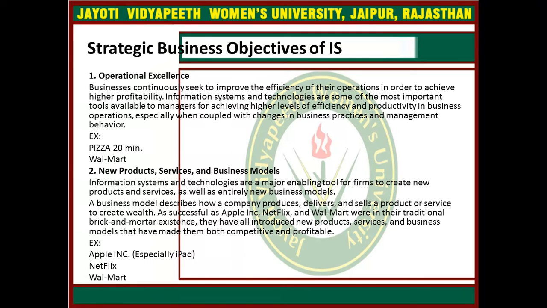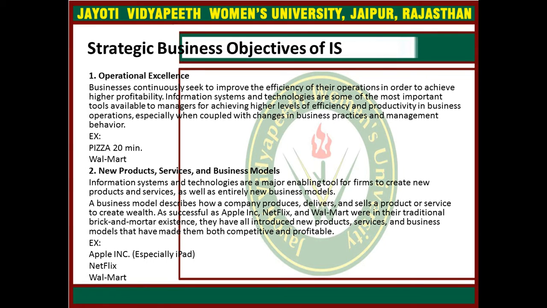Information systems and technologies are some of the most important tools available to managers for achieving a higher level of efficiency and productivity in business operations. These are coupled with changes in business practices and management behavior. Examples are Pizza in 20 minutes and Walmart. These are some examples of operational excellence.